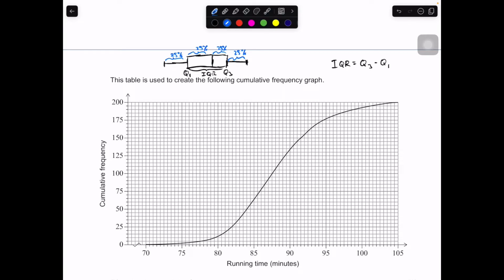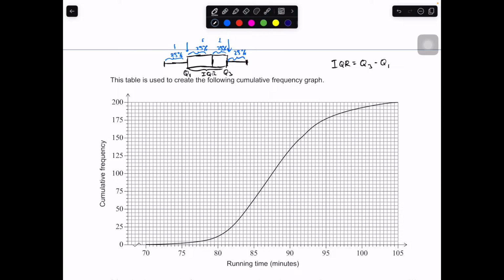So if we have 200 movies here, we want to find the value where this marks where 25% of the movies will be less than this. And this Q3 will signify a point where we have 75% less than this individual point.